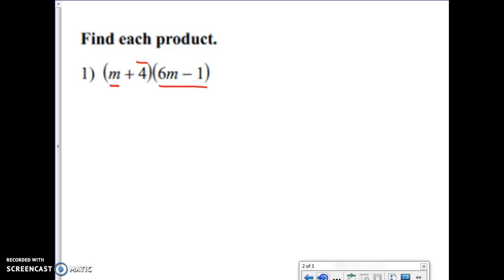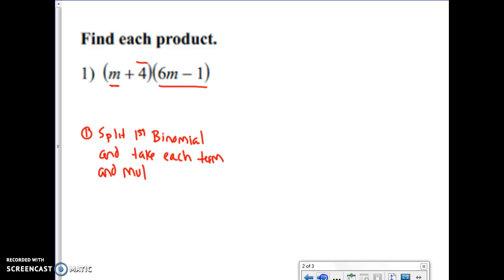So with the distributive property, we're going to split the first binomial, and then take each term and multiply it through the other terms.